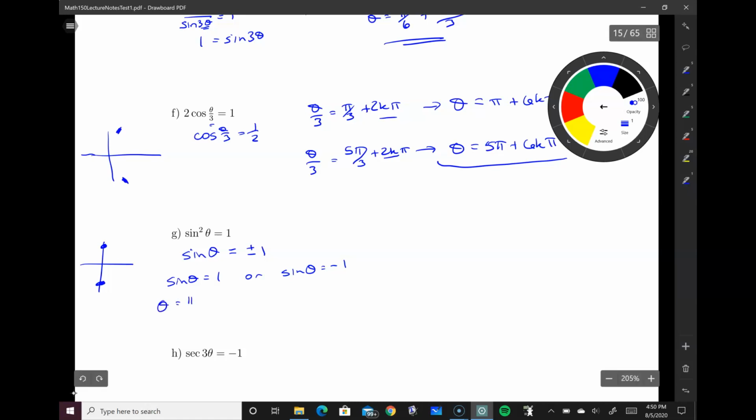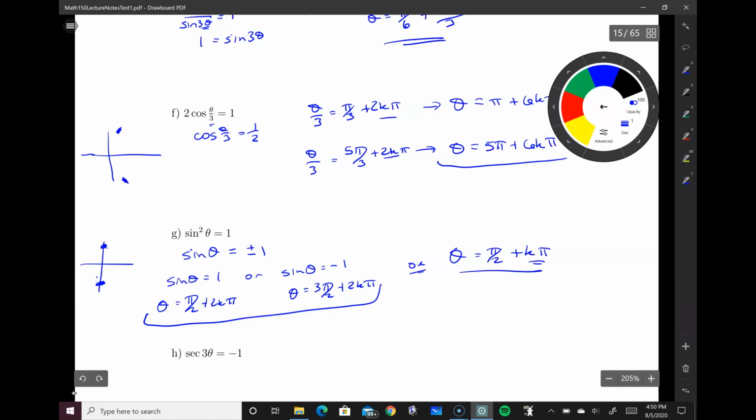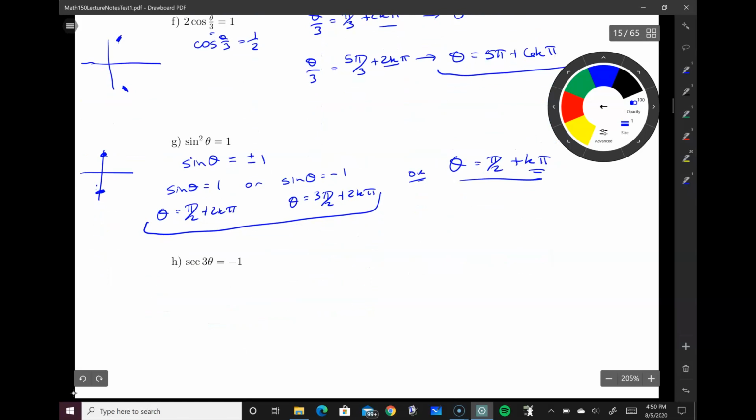I could say pi over 2 plus 2k pi. And from this, I could say 3 pi over 2 plus 2k pi, and these would be fine answers. I can join them together and say pi over 2 plus k pi. So start here, add pi, so it doesn't matter which one, it's just nice to know the shorter version.